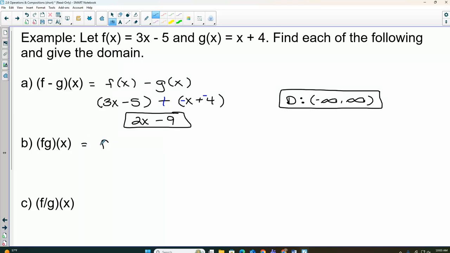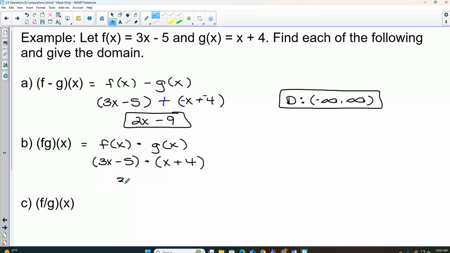F times g of x. That just means take f of x times g of x. What is f of x? Times what is g of x? So to multiply those, we have to FOIL.